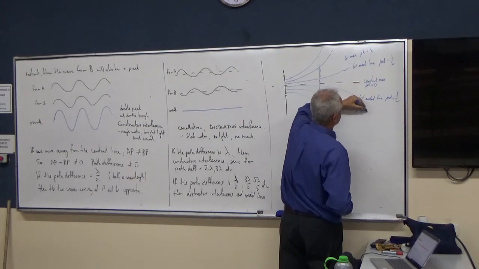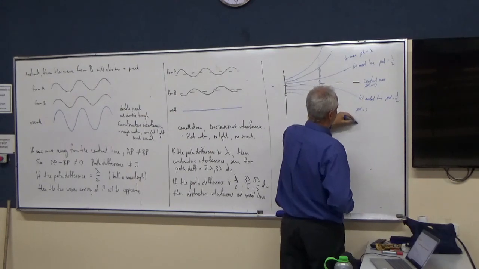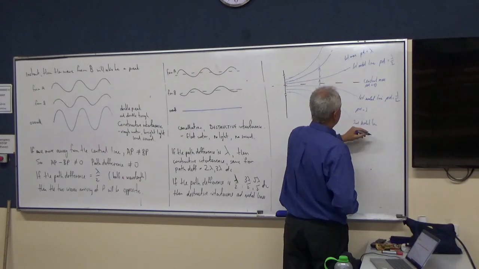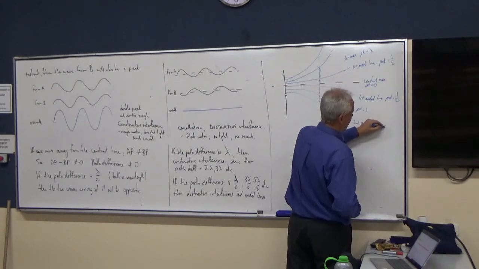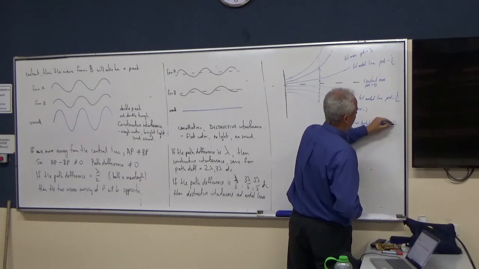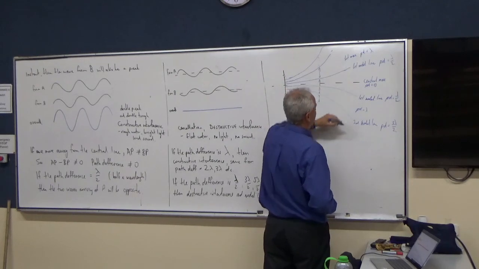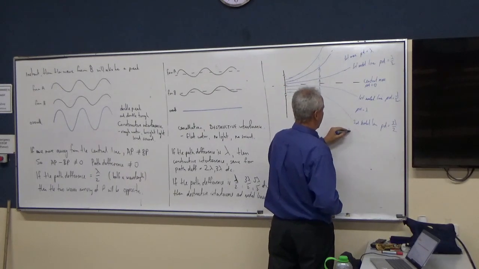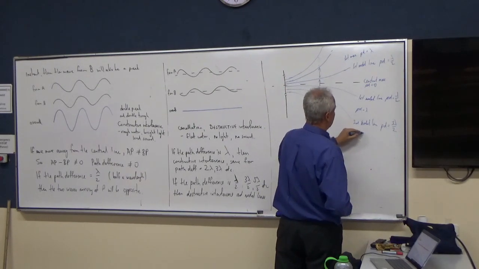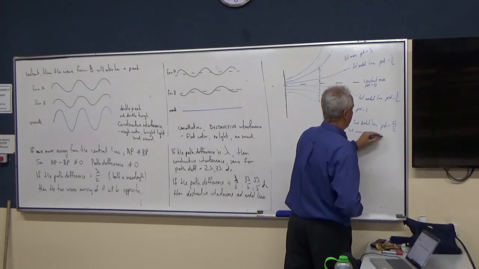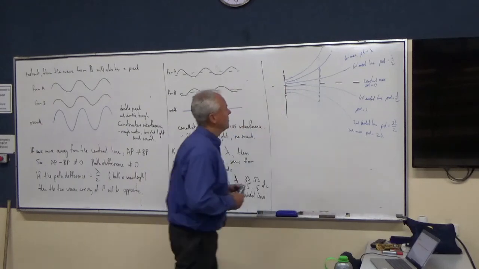Here's the second nodal line. The second nodal line, the path difference is 1.5 wavelengths, and so on. And then here we've got the second max, and the path difference is 2 lambda, and so on.